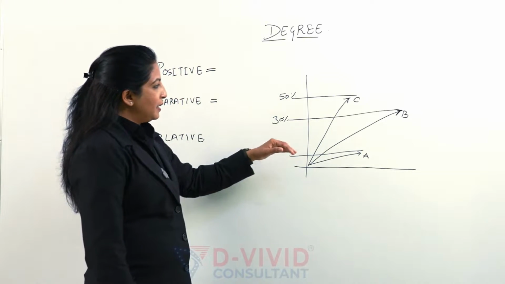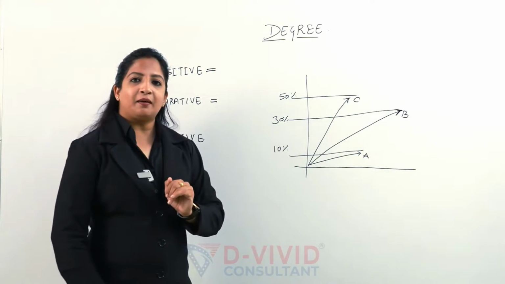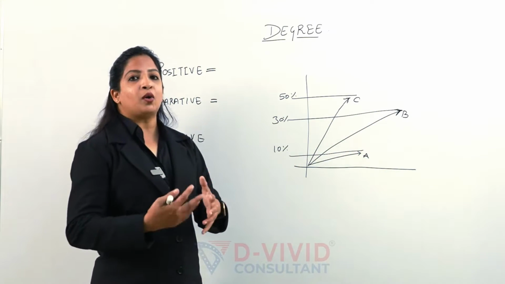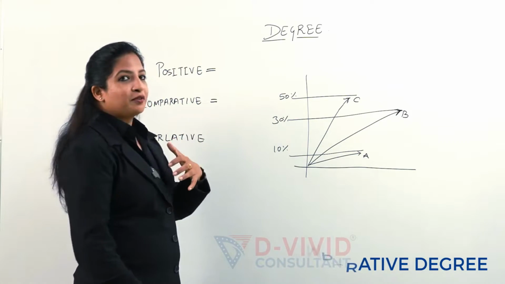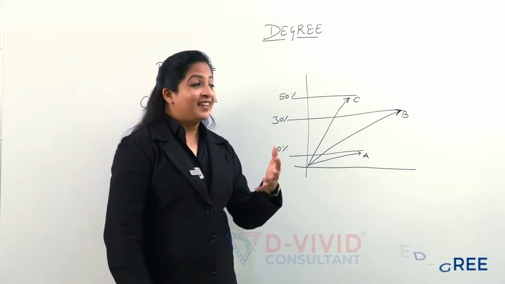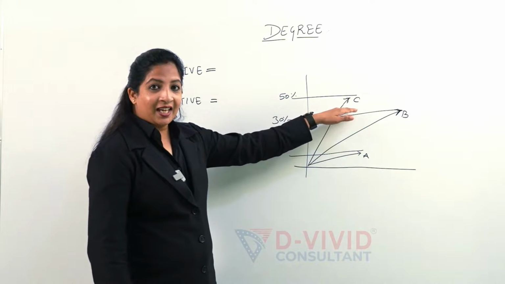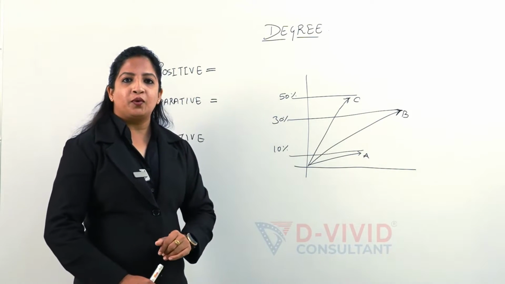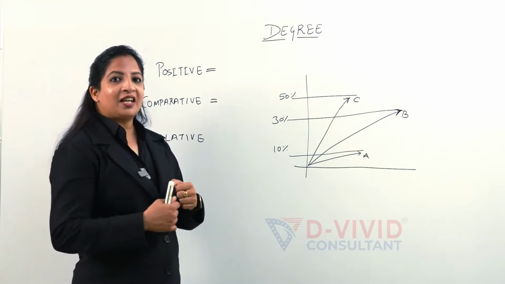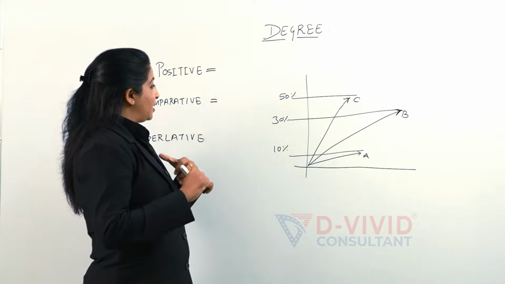But if I compare B with A, which degree will I use now? Yes, I am going to use the comparative degree. And if I am using C and I am comparing C with the remaining 2, which degree am I supposed to use?